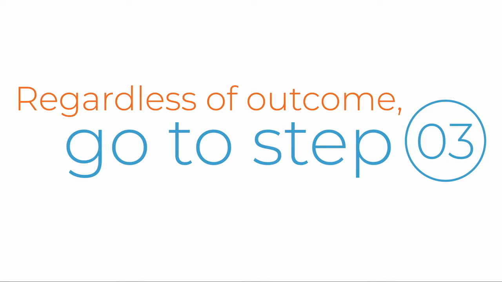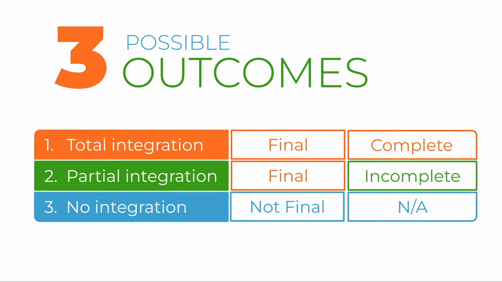So regardless of the outcome we look at here, if the court goes, it's total integration or it's partial integration or it's not an integration, we still need to answer the question of whether this evidence is admissible.